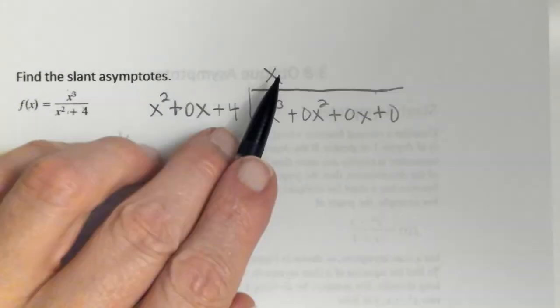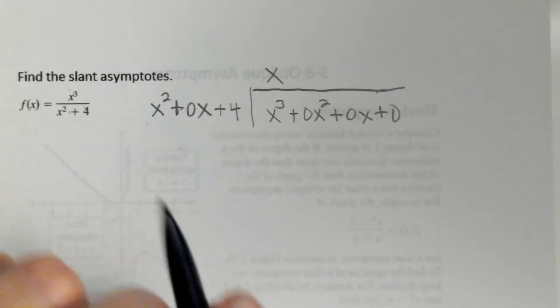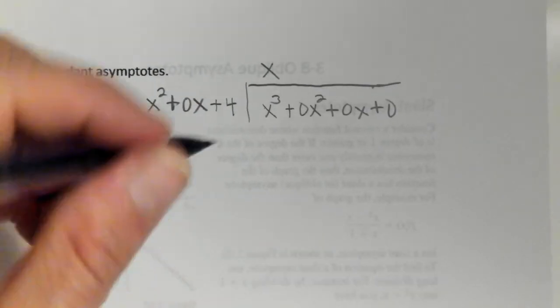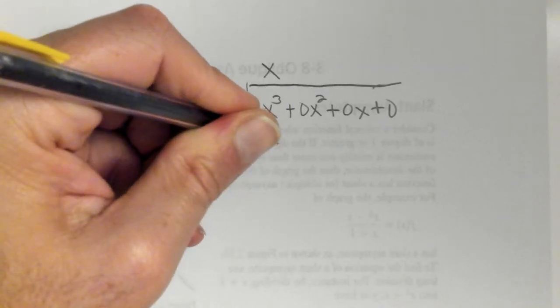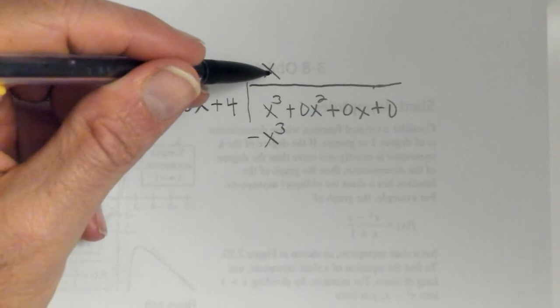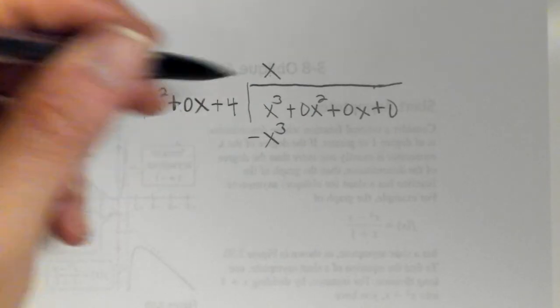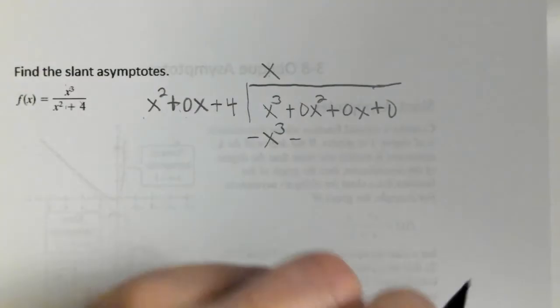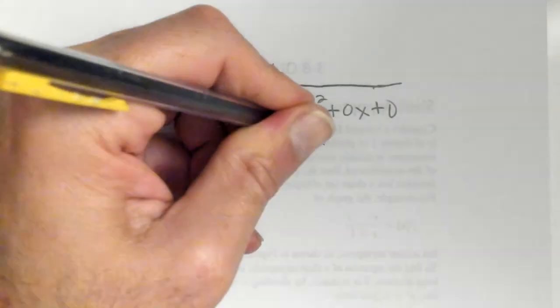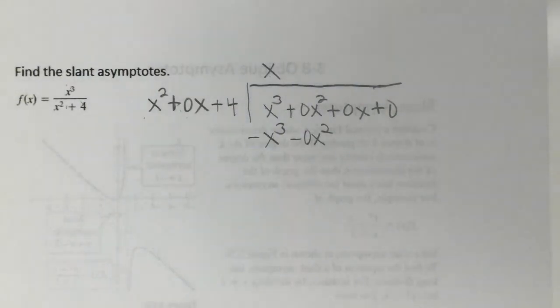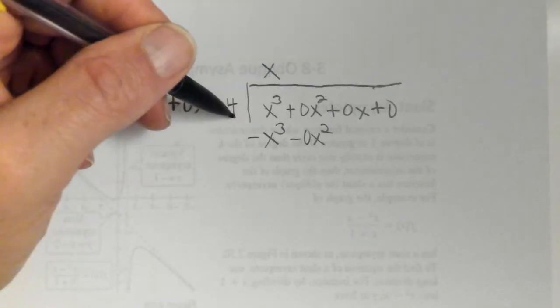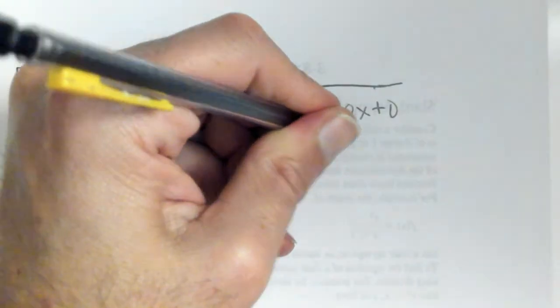This is x times x squared, which is x to the third, which drops in as negative x to the third, and they cancel out just like I want. Then I've got x times 0x, so that's minus 0x squared. And here I've got x times 4, which changes to minus 4x.